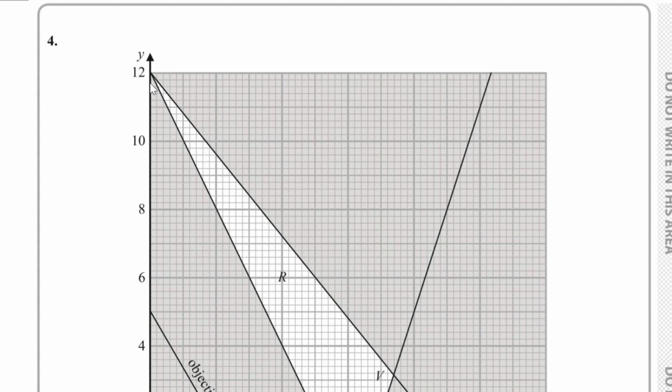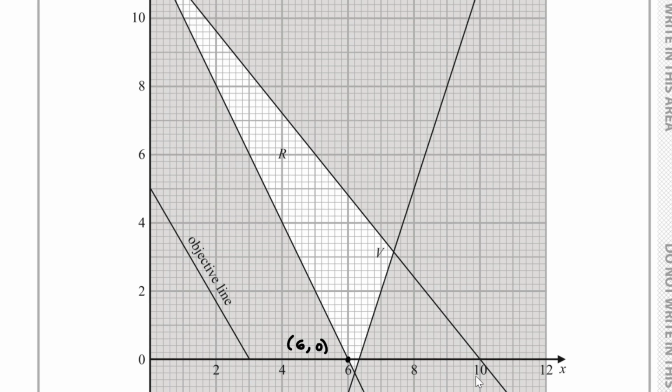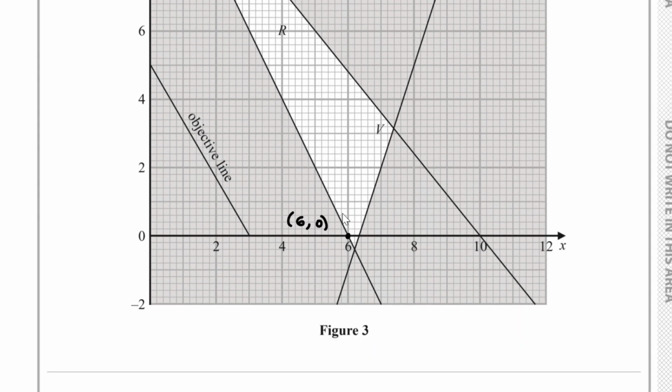So here we've got the integer coordinate 0, 12, and here we've got the integer coordinate 6, 0. For this line over here, we've got the 0, 12, and then here we've got the 10, 0.